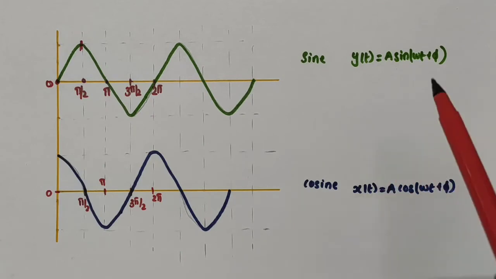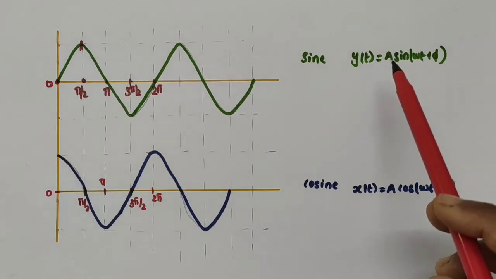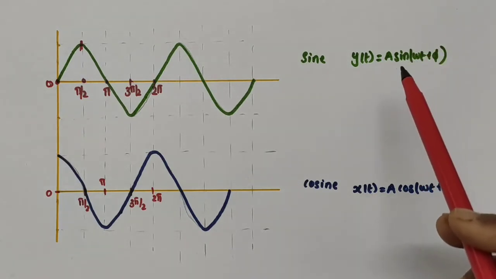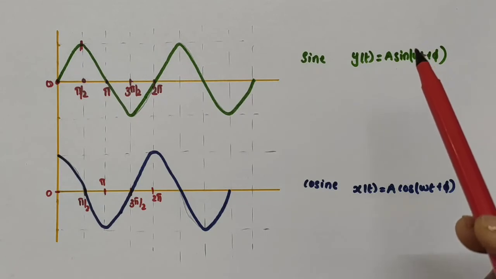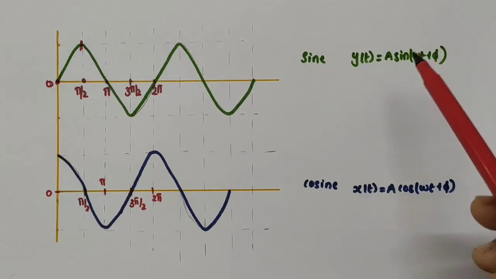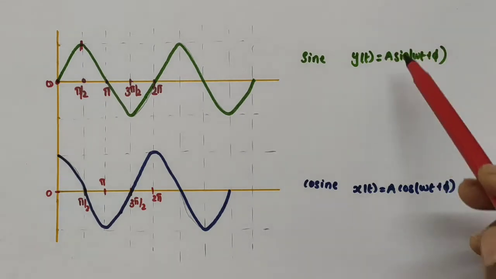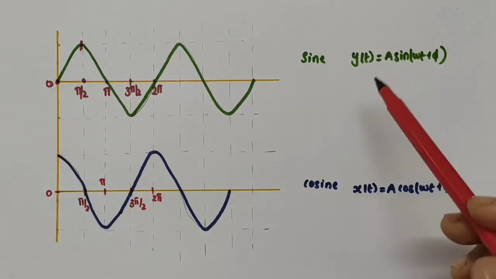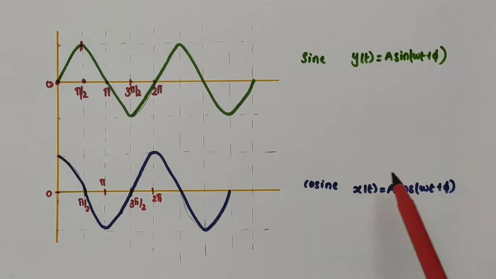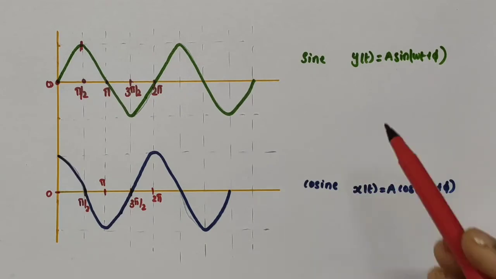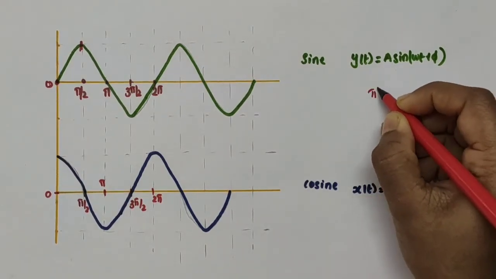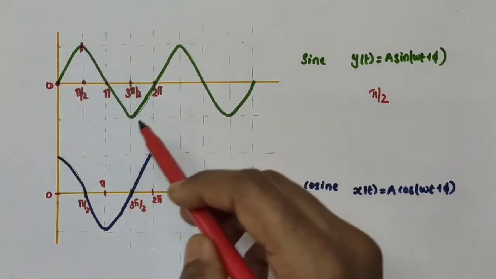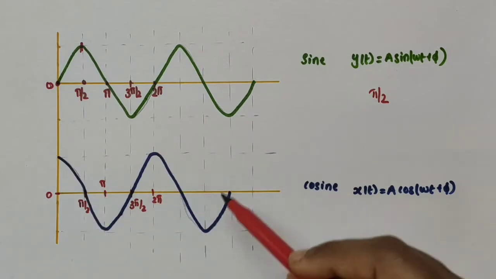So the projection P dash on the diameter along the y-axis of the circle executes a simple harmonic motion the same as that of the projection on the x-axis, but differing in phase by pi by 2. There will be a pi by 2 phase difference between them. This is the case for a sine function and this is the case for a cos function.